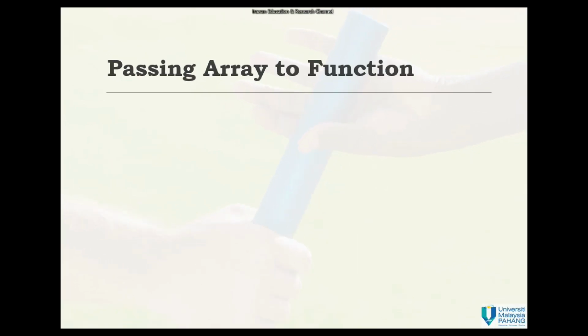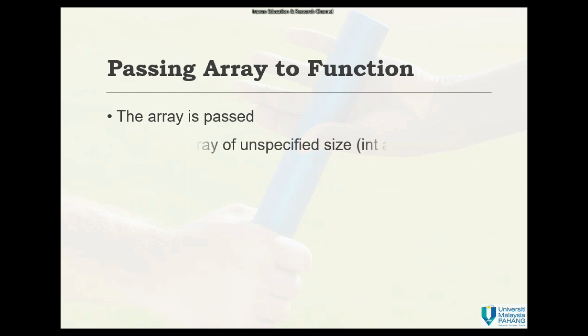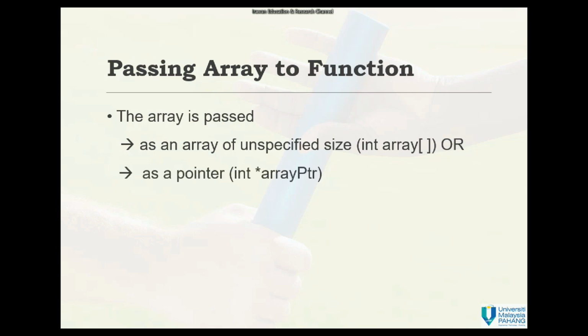For the case of passing array to the function, I will make it a bit faster, because passing array to function actually uses the same method as you have learned in the function topics. Okay, whereby the difference is that we need to declare the parameters or the variables of array as usual at the upper part, or we can use the pointer methods.